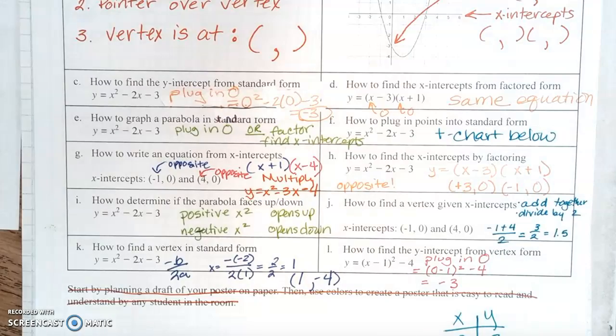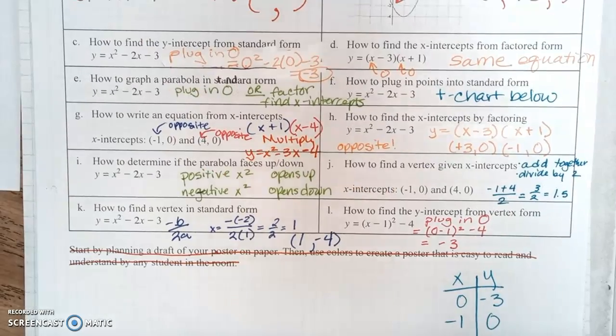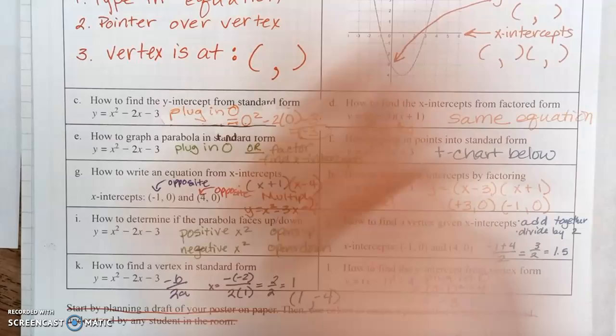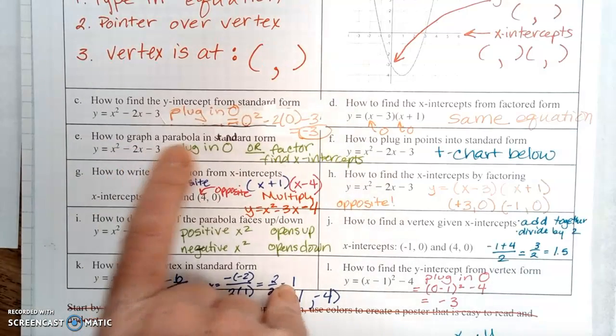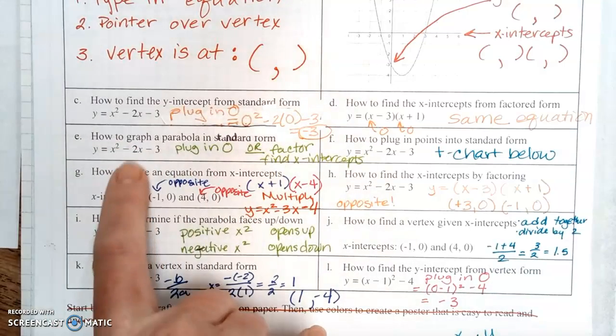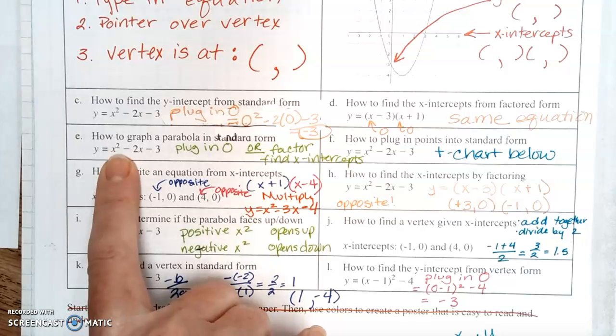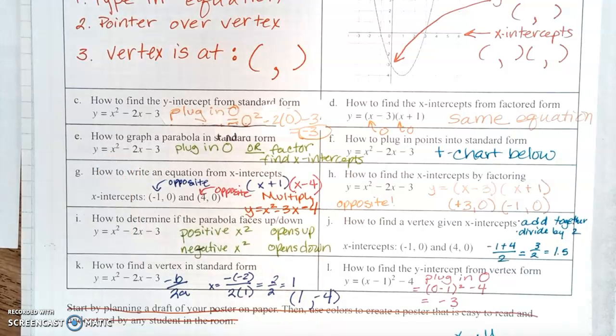Part E says, how do you graph a parabola in standard form? You're going to either use your Desmos graphing calculator, type in the equation, or you can start plugging in numbers, and we're about to make a T-chart on part F, and it's going to start giving you some points.